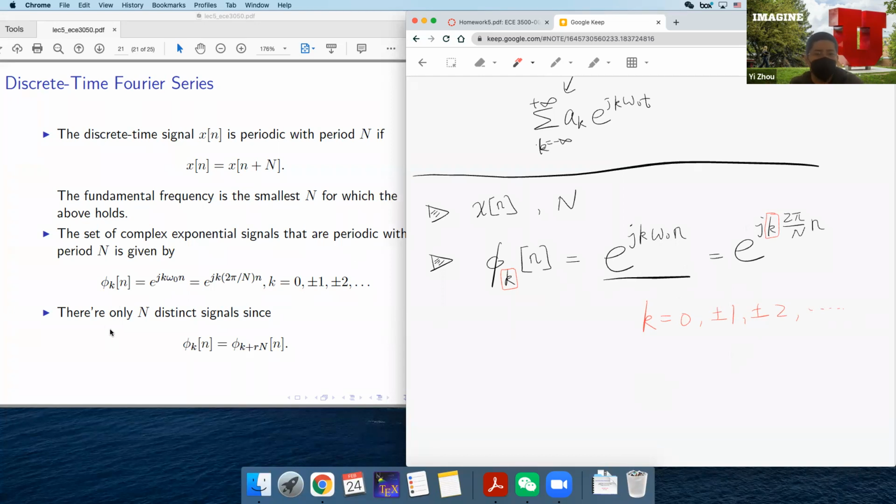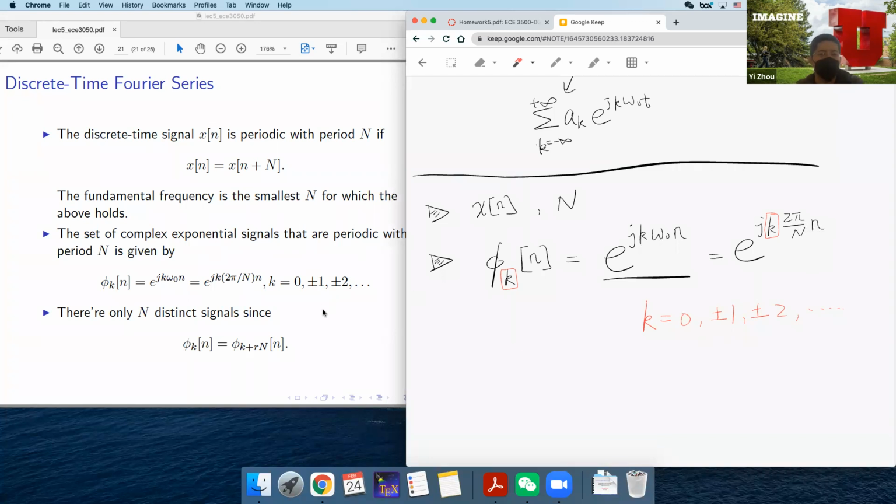However, the difference is that in the previous continuous time case, we have continuous time t here instead of discrete index n. And in the discrete case, this small n can only take integer values.